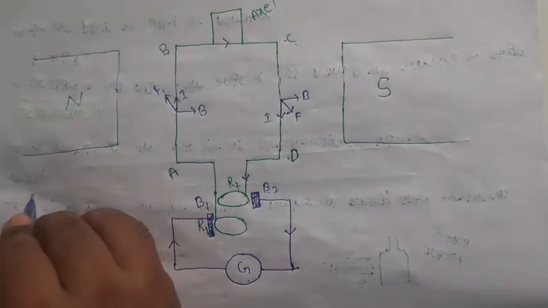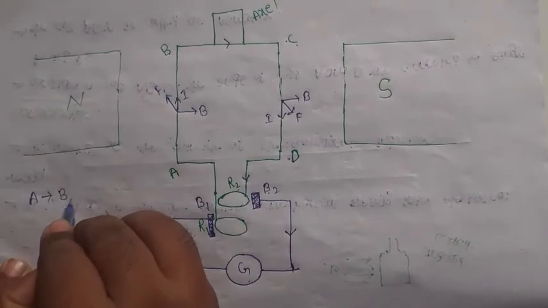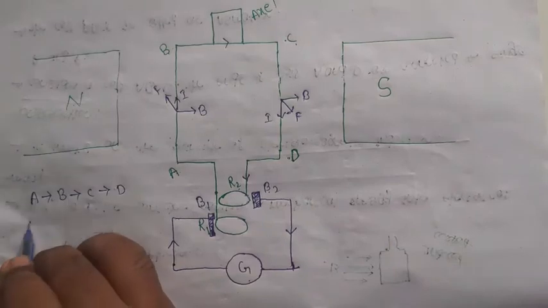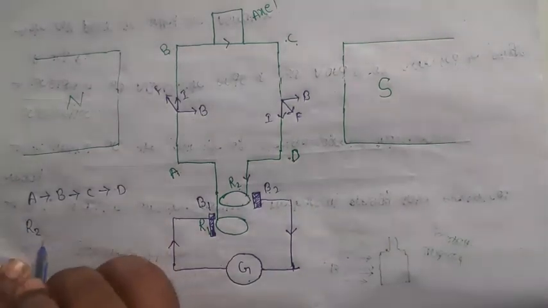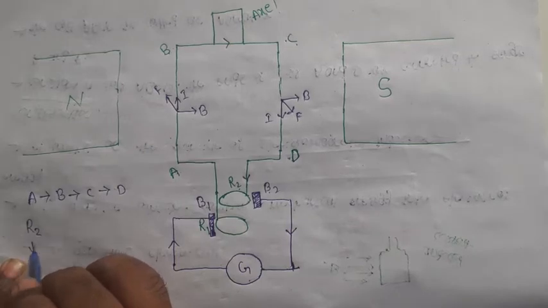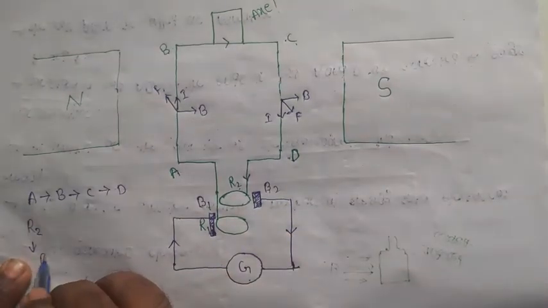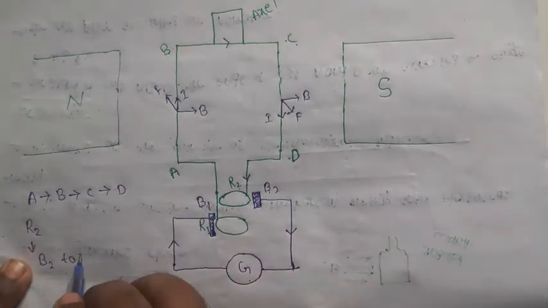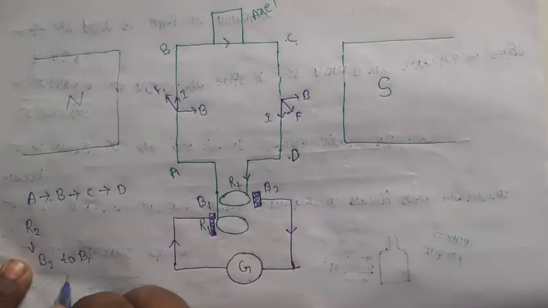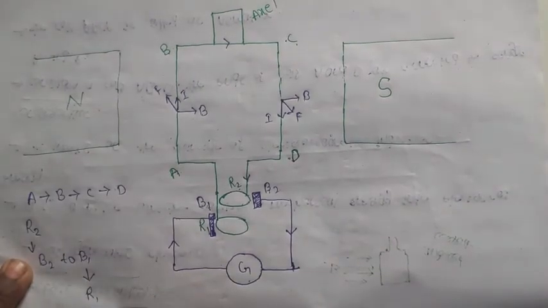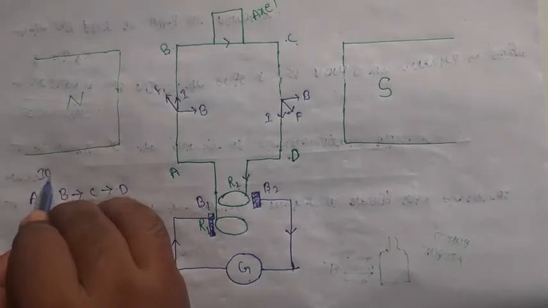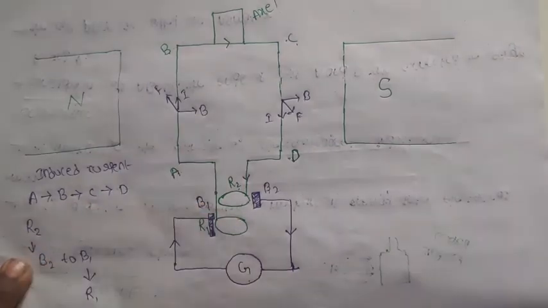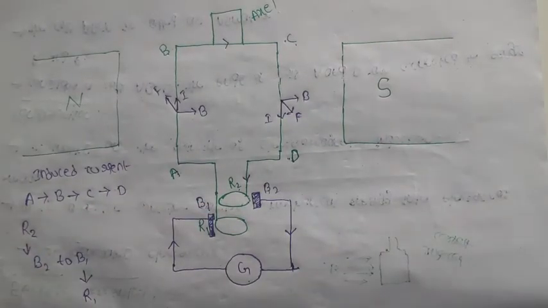So current flows from A to B, B to C, C to D, then D to R2, slip ring R2 to B2, B2 to B1, brush B1, next B1 to slip ring R1. This is the direction of induced current in the coil during the first rotation.